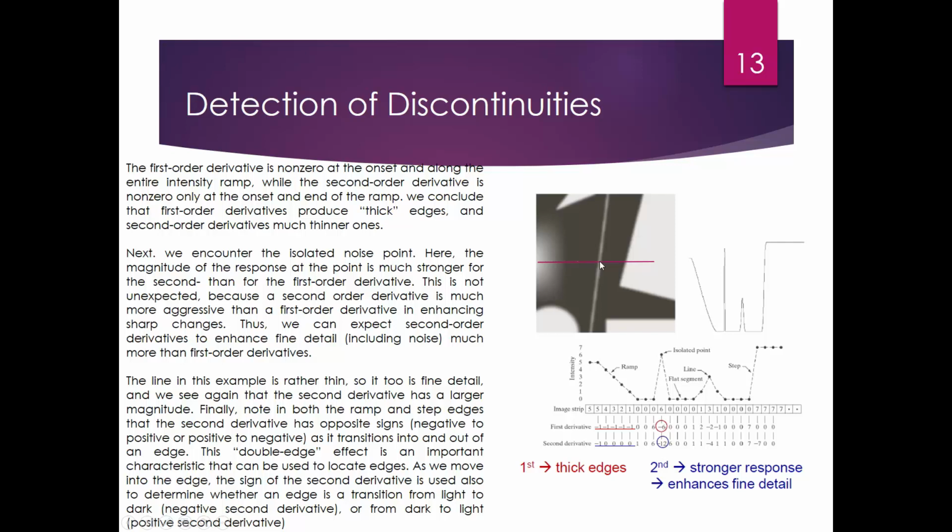Again, when we are moving from brighter to darker, the sign changes from minus to plus. You can see here also that when we are moving from darker to brighter, the sign changes from plus to minus. So this double edge effect is an important characteristic that can be used to locate the edge.